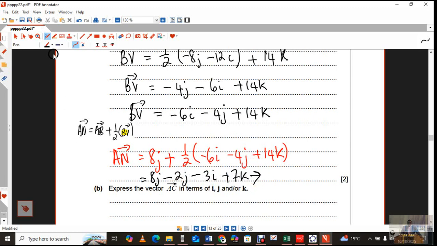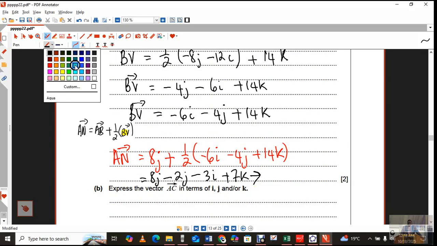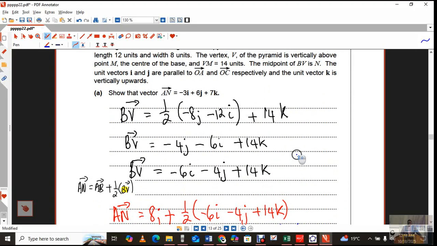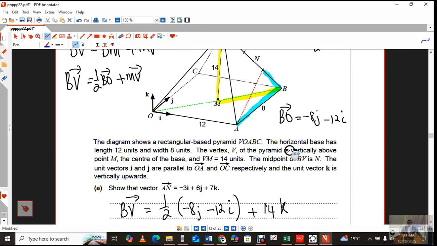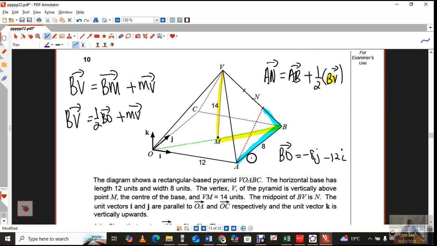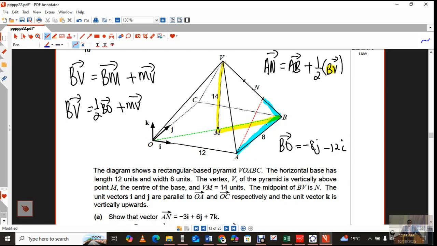I'm going to write it in terms of I. So it's minus 3I, and then J is 8J minus 2, that is 6J, and then plus 7K. Okay, it was quite a mouthful, but we definitely had to find that, and it wasn't supposed to be as difficult as it appeared, but it's the route that I decided to take to go from A to N. Okay, A to N.